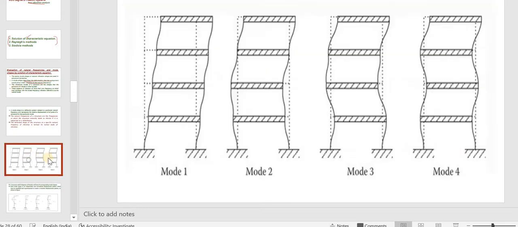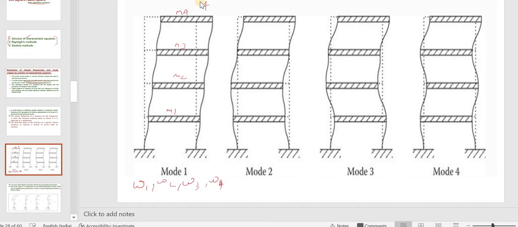So you can see here I am showing different shapes. Here this one is having M1, M2, M3, M4. Also, what is the degree of freedom? Here it will be 4. Therefore, it will be having 4 natural frequencies, that is omega 1, omega 2, omega 3 and omega 4.